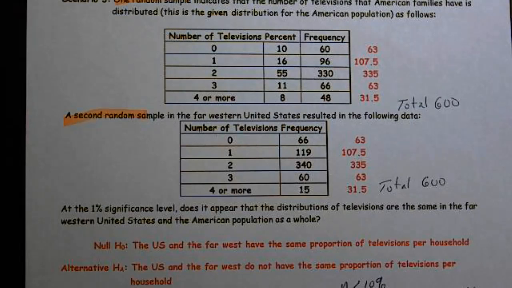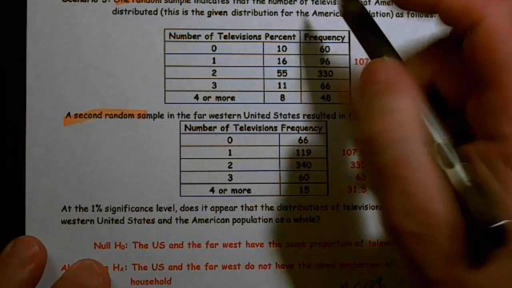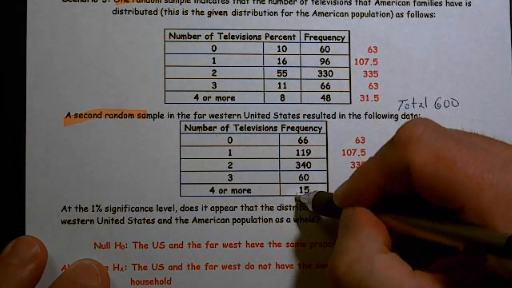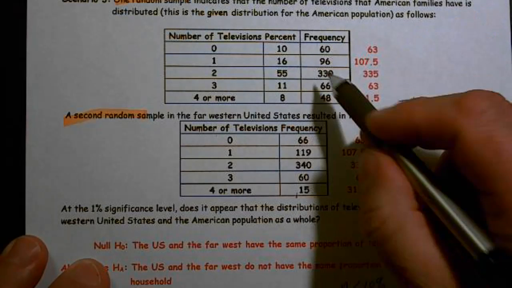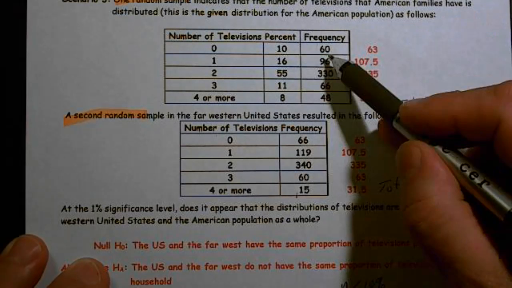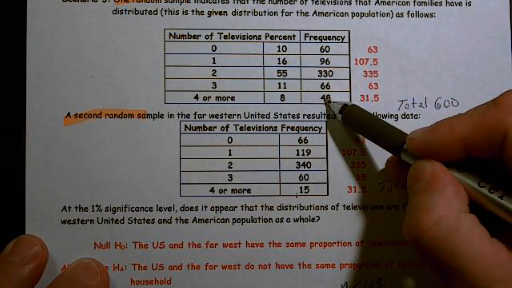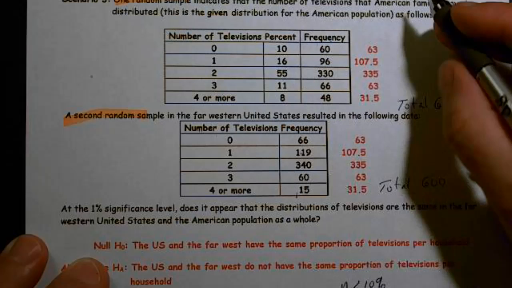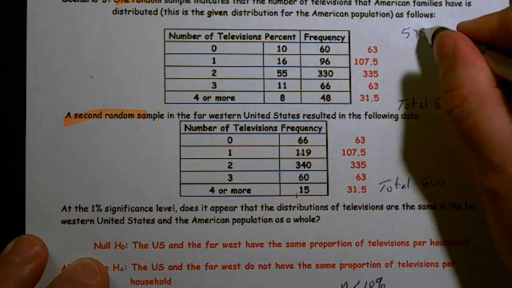So I need to do a test, and what am I going to put into the calculator? Well, first off, here's one column of data, and here would be the second column of data. Notice these are the frequencies, so these are the observed values. In this case, I have 1, 2, 3, 4, 5 rows, and this would be one sample, two samples, so 5 by 2.